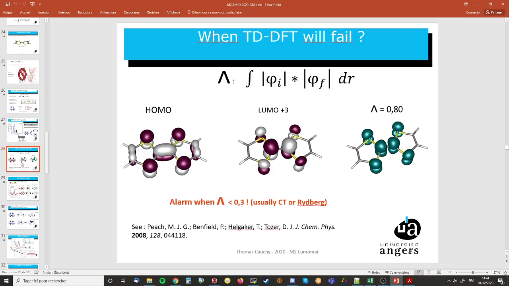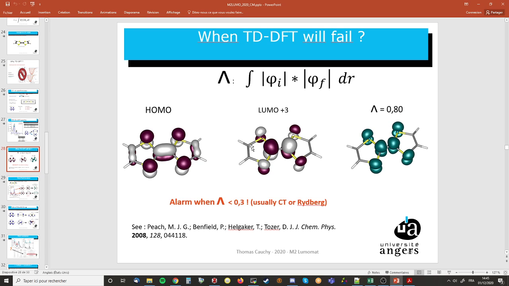So let's compare with the first selection rule. That means that we need to have an overlap between the starting orbital, the hole, and the excited electrons. So those are the two wave functions. And if you do the overlap between the two, you try to look at where there is, in both cases, the orbital.